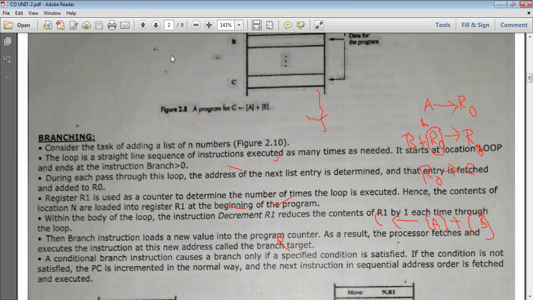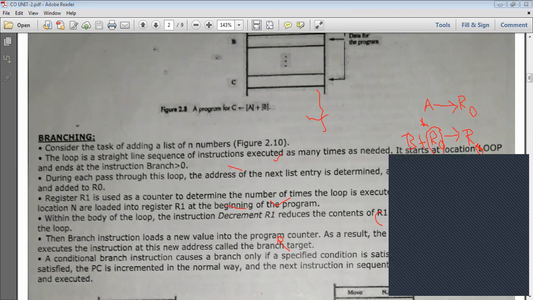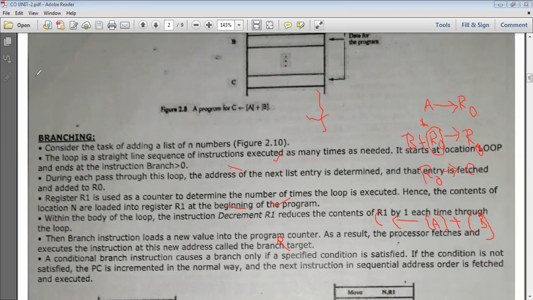Suppose you are taking some for loop, do you remember the for loop, which is used in C language? For i is equal to 0, sorry.